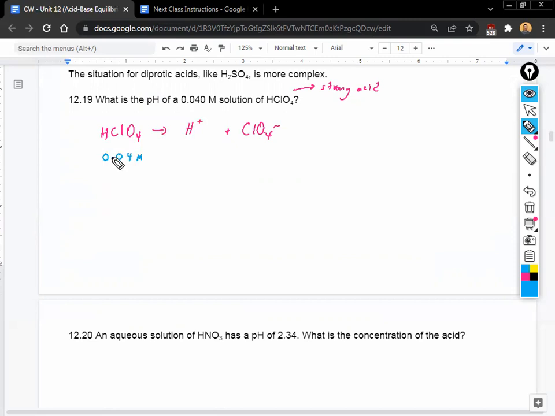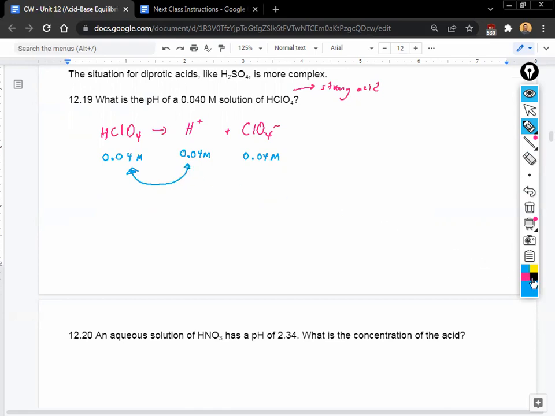This guy is 0.04. It's going to break down completely. Yeah, 0.04 molarity. And then what's the concentration of this guy? Yeah, 0.04 because it breaks down completely, right? We had H, we had ClO4, and it's going to break down into H and ClO4. It's going to have the same concentration. So that's the point that I'm trying to make. In a strong acid, the H plus concentration is going to be equal to the concentration of the original acid.